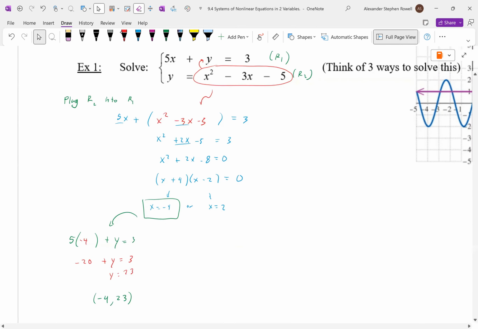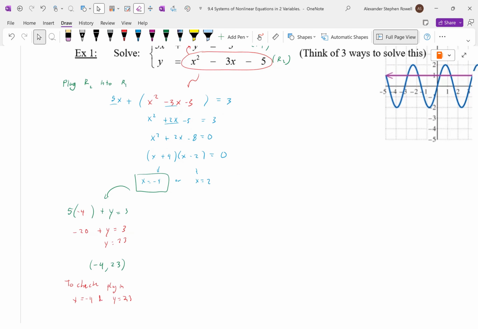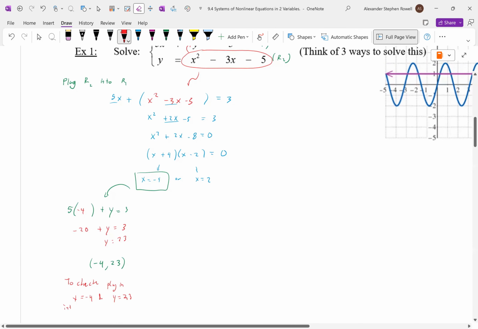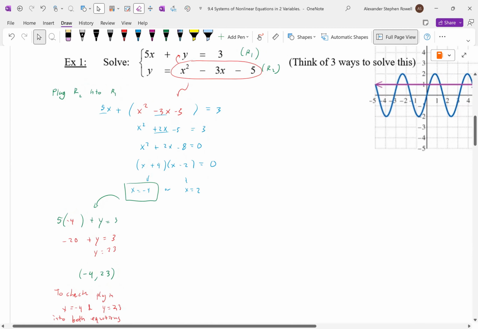To check, you plug in x equals -4 and y equals 23 into both equations, because that's what it means to be a solution in a system. It must be true for both. Let's talk about what we did here.